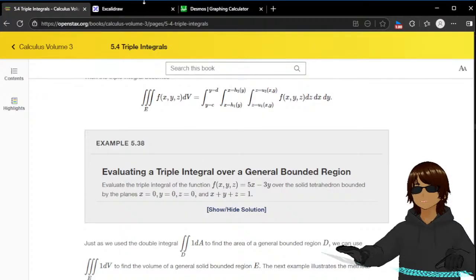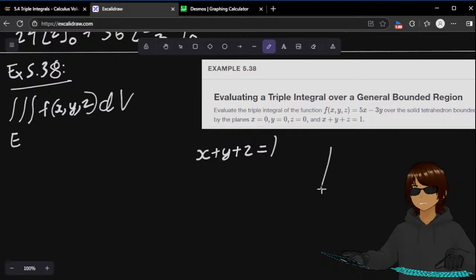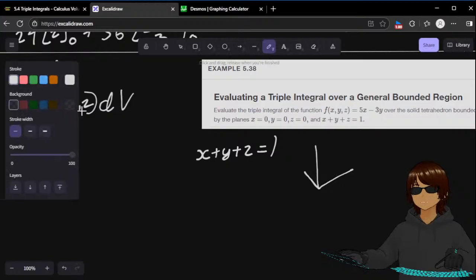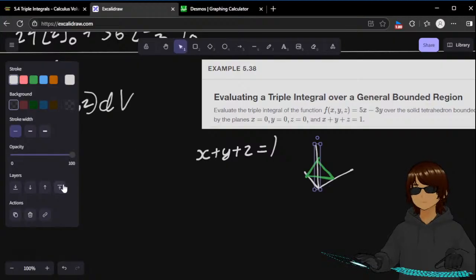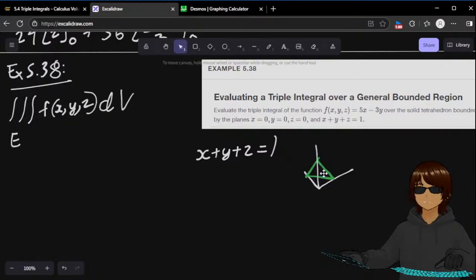It is clear what they're asking. So there's a tetrahedron like this, right? These are the three axes, and then there is a plane crossing here, here, and here, and then this goes on top.